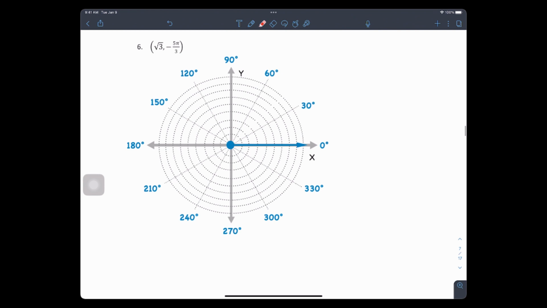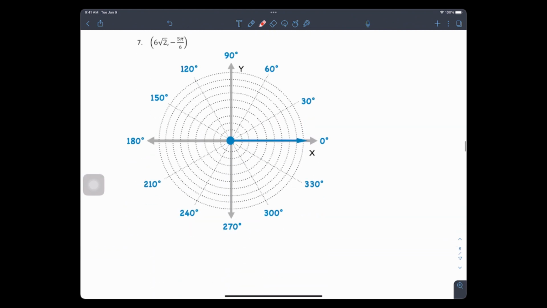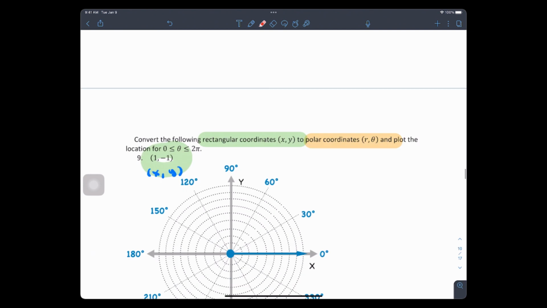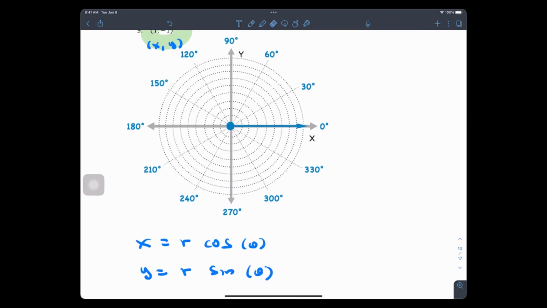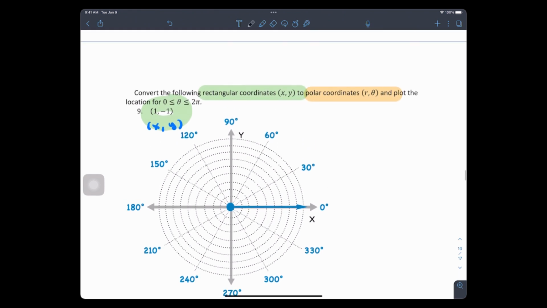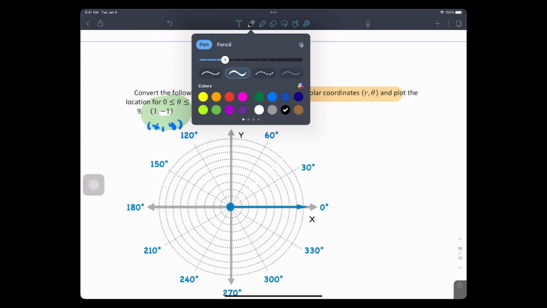Okay, so you guys okay with that? Now you might say, well, how do I actually do this? When they give you rectangular coordinates, well, that's when you use the others.